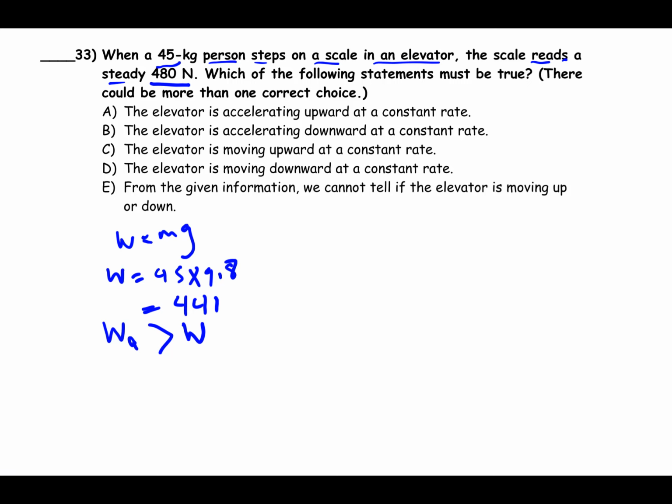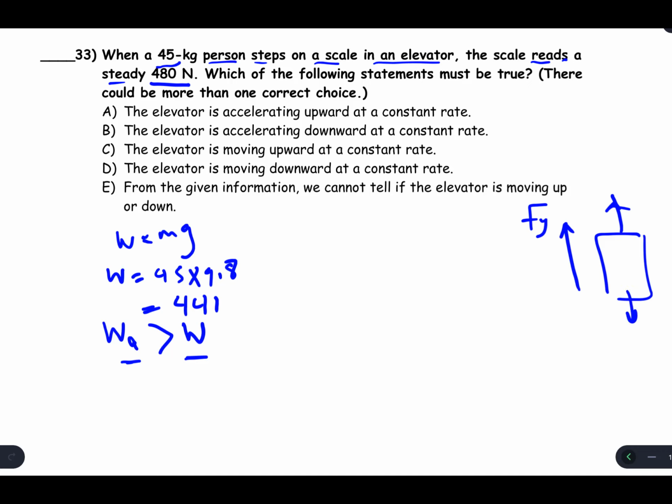So let's check. When WA is larger than W, imagine that the elevator is going up. So this is Fy, and this is W, and this is WA, the apparent weight. So may, we are imagining that the elevator is going up, equals WA minus W, or mg.